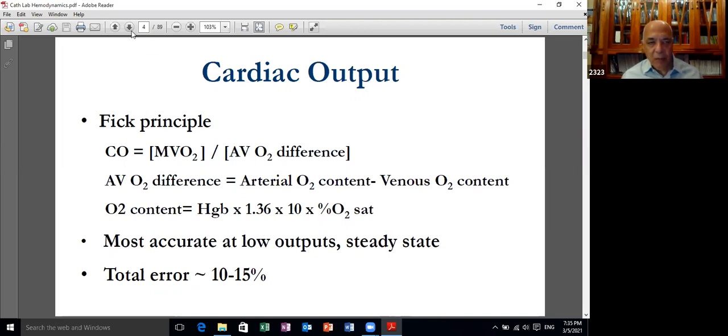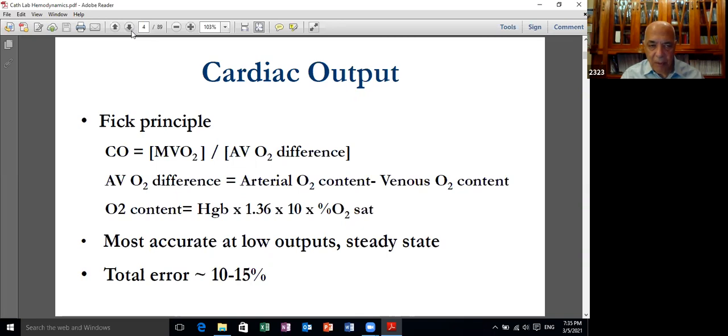Cardiac output equals, this is wrong, it's not myocardial oxygen consumption, it is total body oxygen consumption divided by the arteriovenous oxygen difference. And the arteriovenous oxygen difference is equivalent to the arterial oxygen content, not saturation, minus the venous oxygen content. And how we can calculate the content?